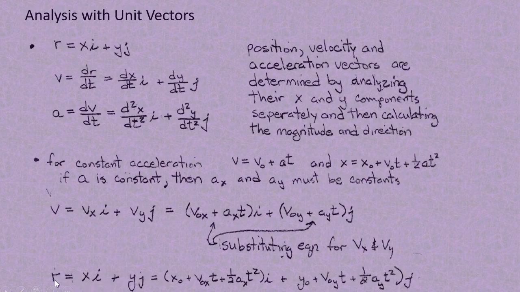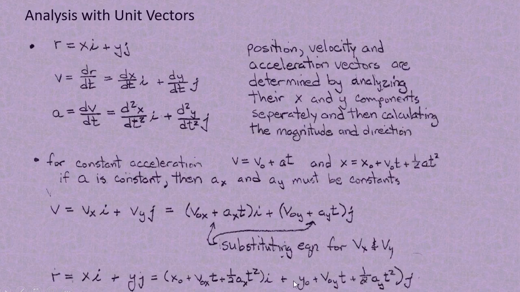And we can use equation 2 up here and substitute in for x and y in our position unit vector notation, and that gives us (x sub naught plus v sub naught x t plus 1/2 a sub x t squared) times the unit vector i, plus (y sub naught plus v sub naught y t plus 1/2 a sub y t squared) times the unit vector j.